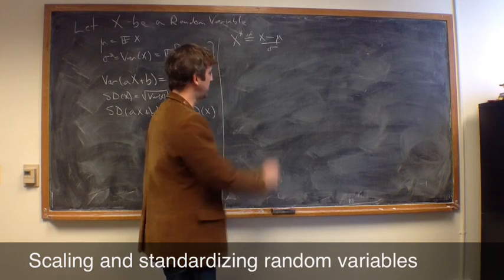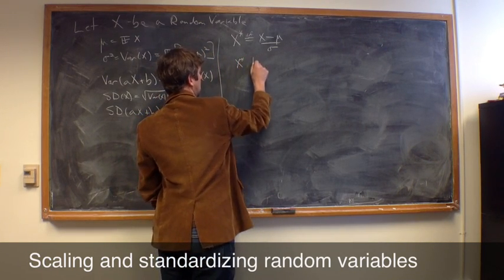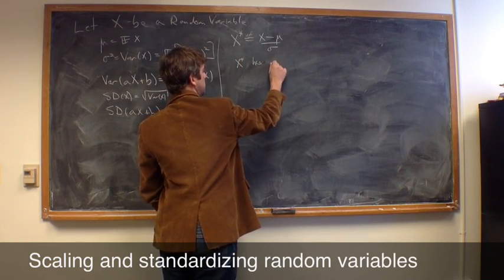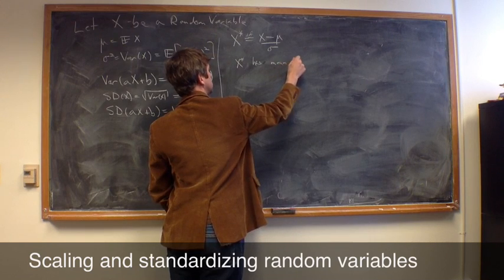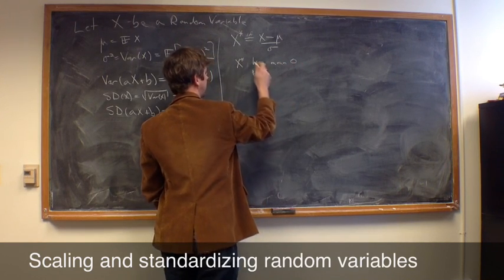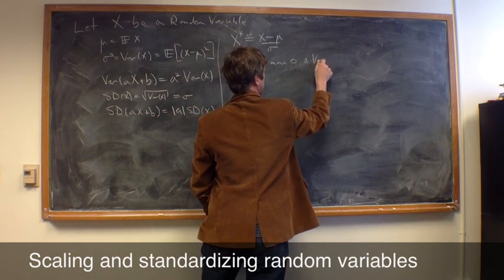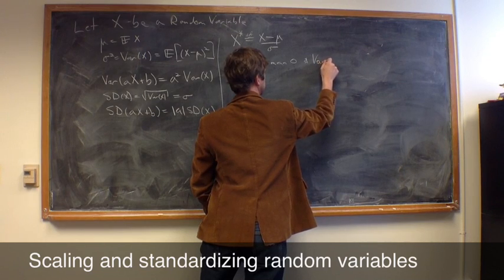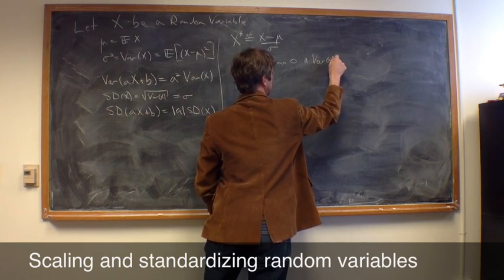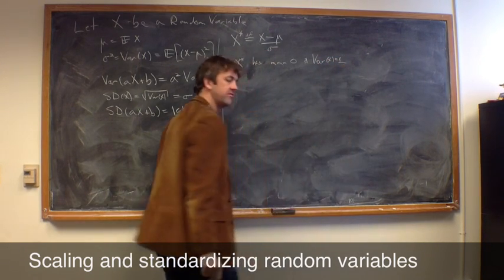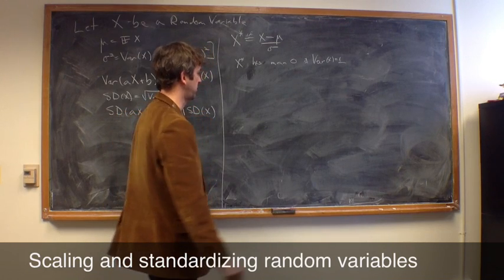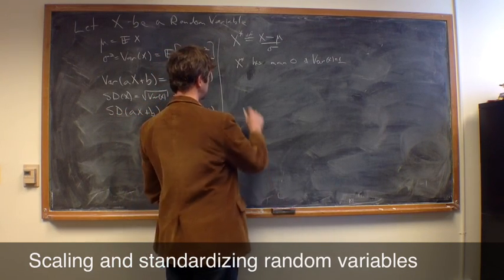Now I claim that x star has mean 0 and variance, or standard deviation, equal to 1. Of course, if the variance is 1, the standard deviation is also 1 because it's just the square root. So let's see if that's true.